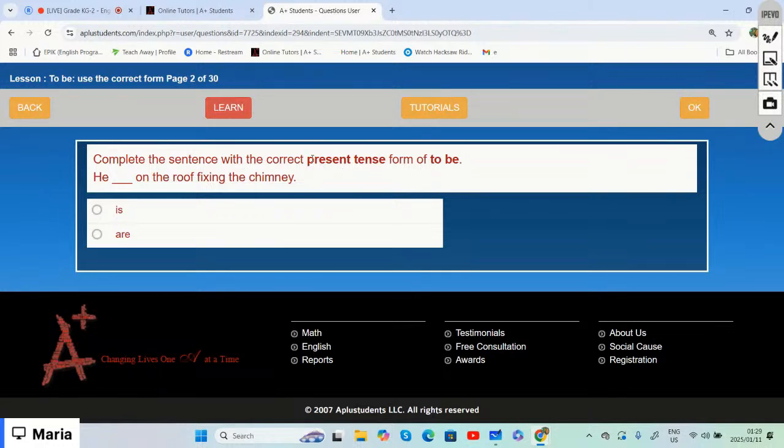All right, the next one says we need to choose the correct present tense form. The present tense now. He, which refers to one person. Do we say he is on the roof fixing the chimney or he are on the roof fixing the chimney? Option one or option two? Which one is correct?